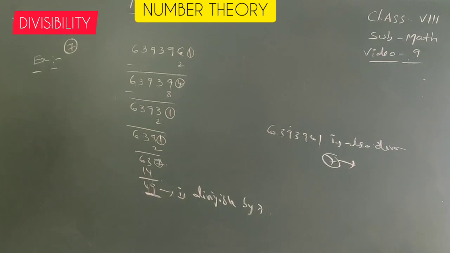In this way, we can write the divisibility rule for 7. Here, what is the proof?